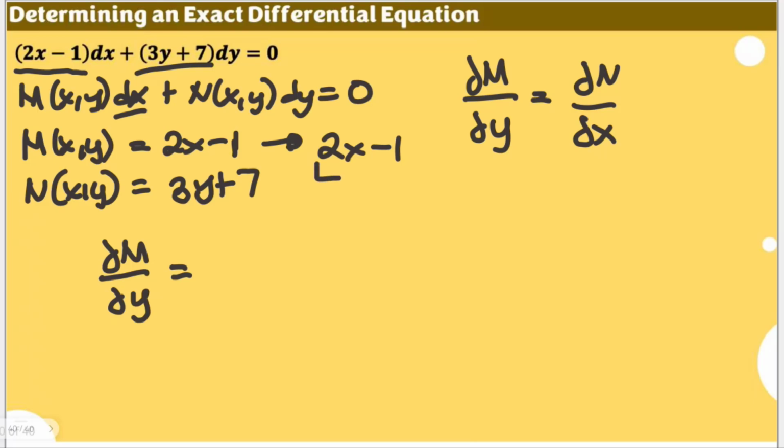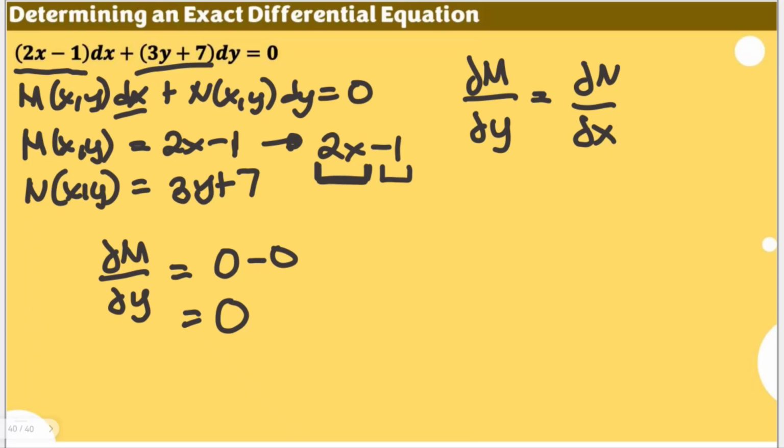Even if this has x, it will be considered as a constant because we're taking the partial derivative of M with respect to y. If this is a constant, that would mean its first derivative is 0. And of course, the first derivative of the constant minus 1 is also 0, giving us a result of simply 0. Please don't be confused with this.